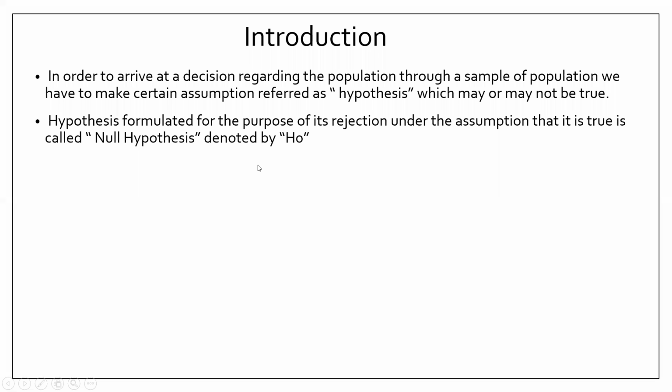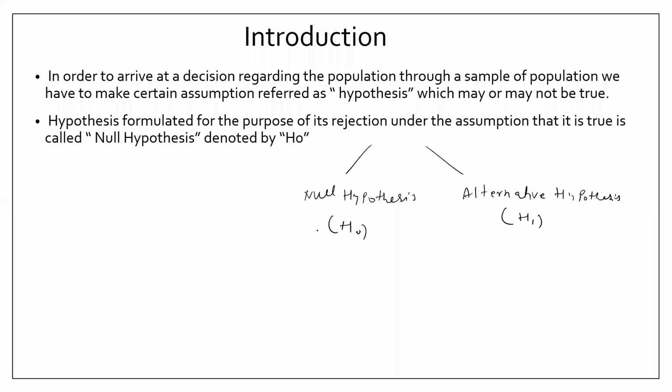Here I have two words for hypothesis: one is called the null hypothesis, and one is called the alternative hypothesis. The null hypothesis is denoted with H naught, and the alternative hypothesis is H1. So H naught is the hypothesis which we have to guess.